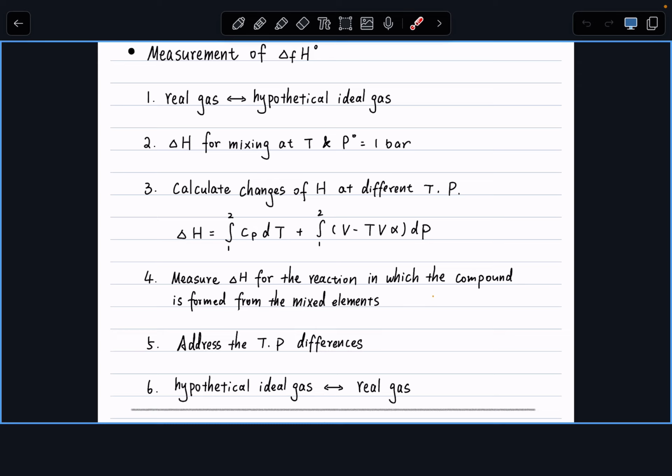Let's imagine this real gas being, say, HCl. So if we write out the formation, we have H2 plus Cl2 goes to HCl. But the problem here is we're looking at H2 and Cl2 in their elementary form and standard state. So we have to take several steps. Let me think.